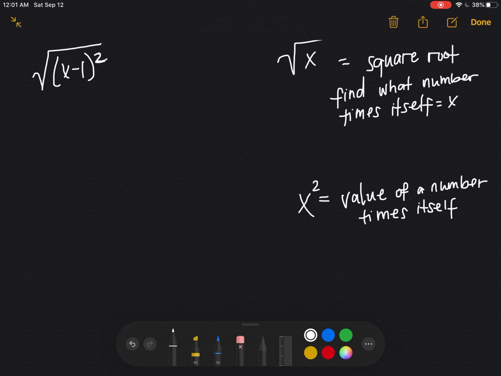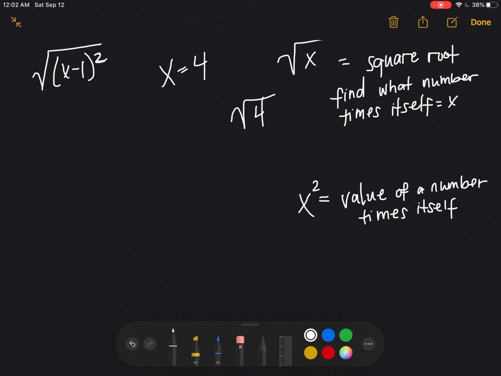So a square root is when you find what number times itself equals x. So in this example that I give you, I have square root of x. So in these two examples I'm going to give you, I'm going to call x, let's make it 2. X equals 2. No, x equals 4. Okay, so square root of x.